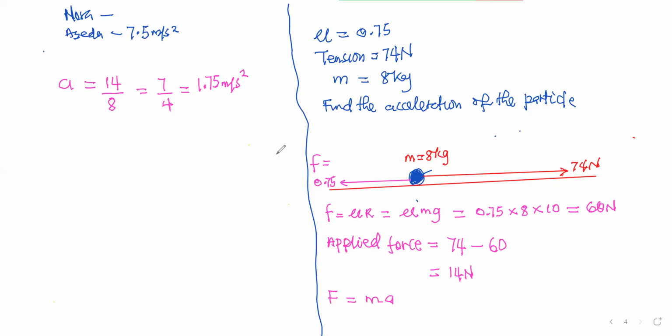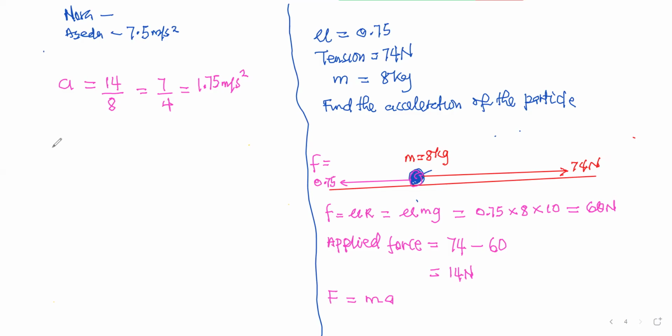Nora, what went wrong here? Sir, I had it, but I was not sure, so I cancelled it and started again. When I found the frictional force, which was 60 Newton, I did not subtract it from the 74 and went straight for it.